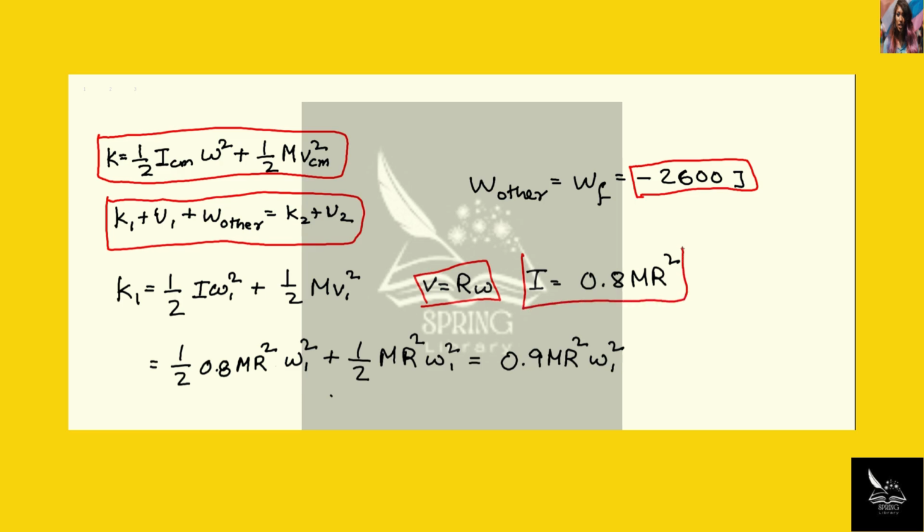Also, we're given the moment of inertia, so we can directly use that. If we put all this together, we see that K1 is 0.9 m r squared omega 1 squared. So we just shrunk our expression in terms of m, r, and omega 1.